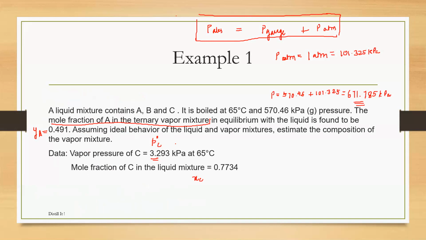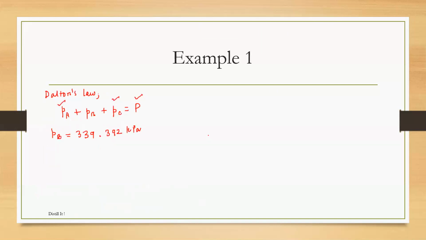We have to estimate the composition of the vapor mixture, which means we have to calculate YA, YB, and YC.